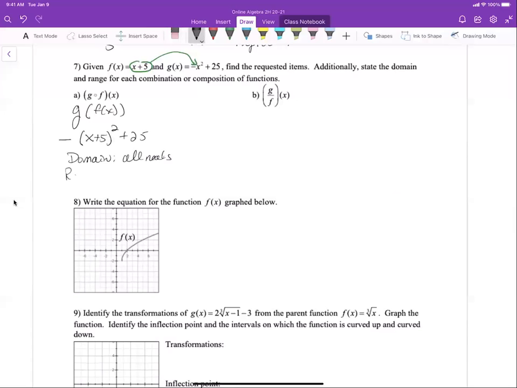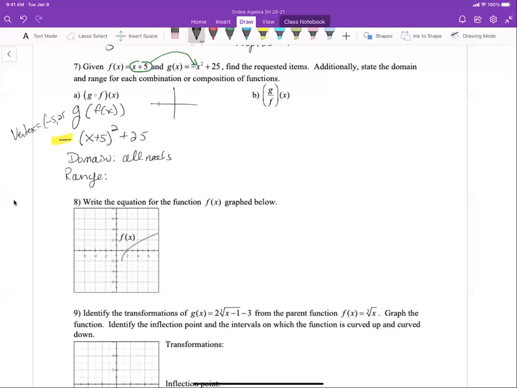My range, this has a reflection. It has an x-axis reflection. Okay, so it's concave down. The vertex, let's write that down, is equal to -5 and 25.